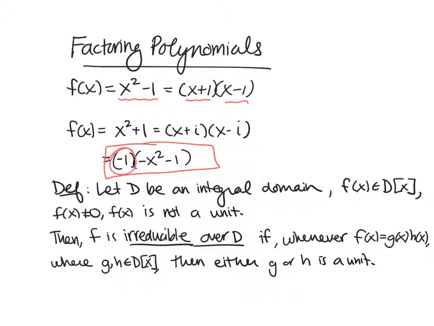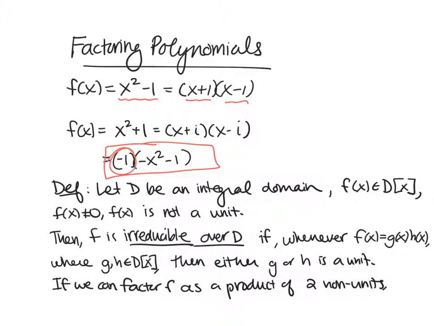So if that's the only way you can factor unit times something, then we say our polynomial is irreducible over D. Otherwise, if we can factor it into two non-units, then we call f reducible over D.